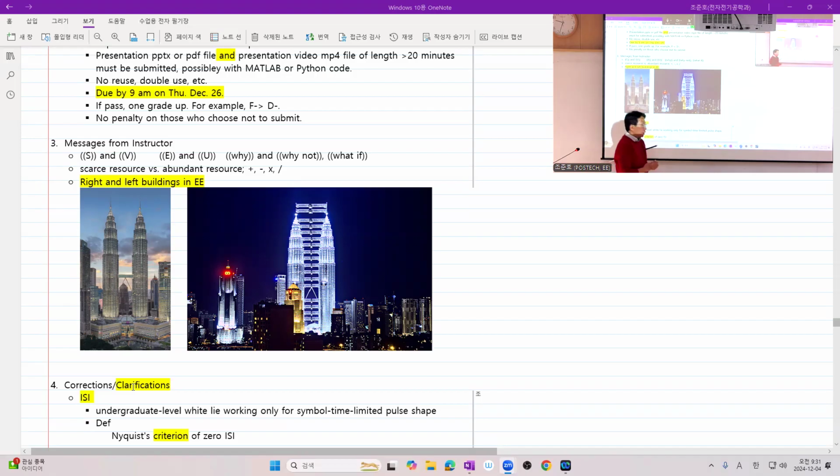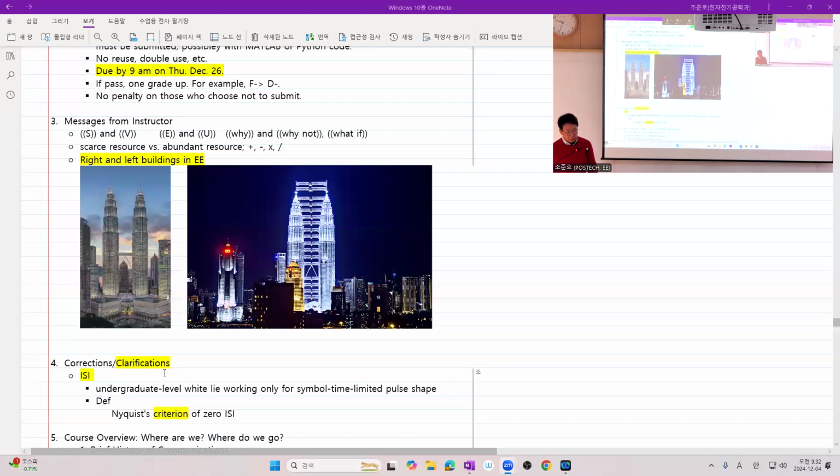I told you this may appear in your final exam. So the instructor asks, what about the Petronas building? And your LLM can never answer. That will test whether you focused on my lectures or not. So I'm using that as an indicator.